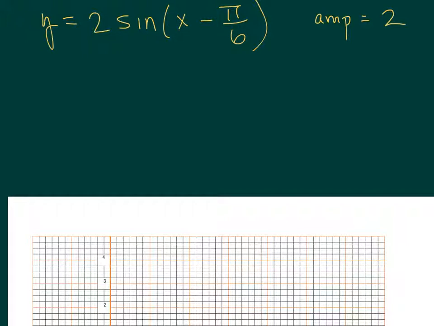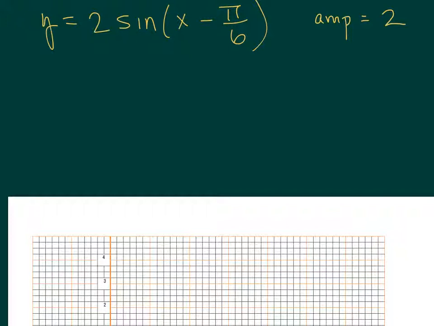And that word amplitude tells us that from the center line of the graph, a horizontal line that would go through the center of the graph, the amplitude tells us how far up and how far down the graph extends to get to its highest point and its lowest point. So that's what the word amplitude means here.